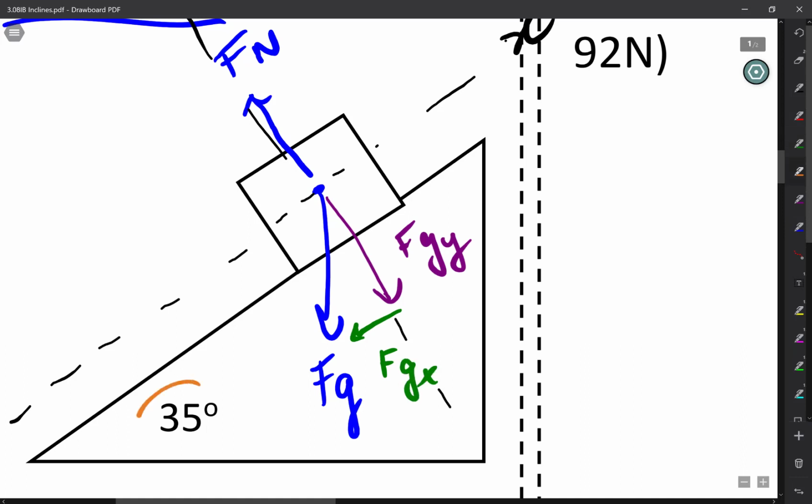And then we know that this is 30 degrees. So as a result, based on our previous video, we also know that due to geometry, this angle here is also 35 degrees. Now, I can also write my FGX and my FGY in terms of their FG, essentially.